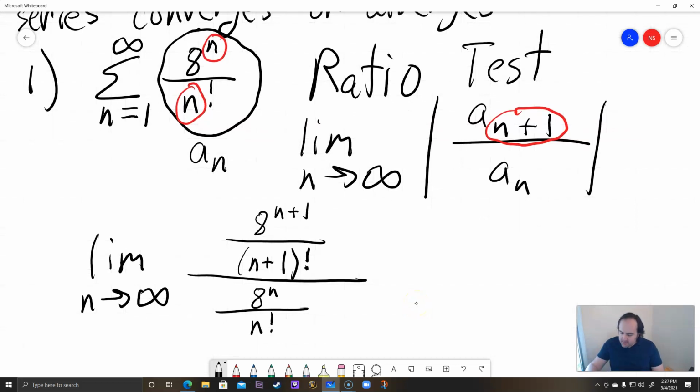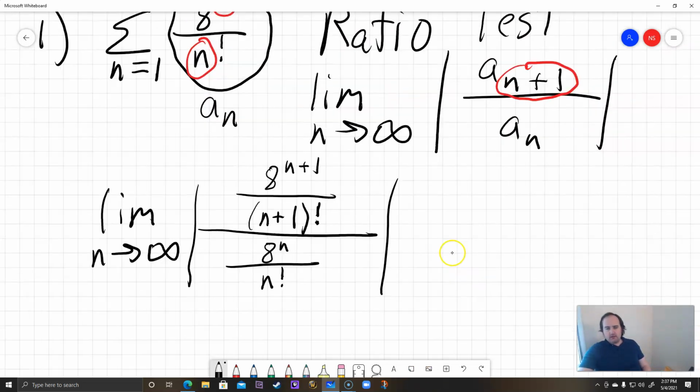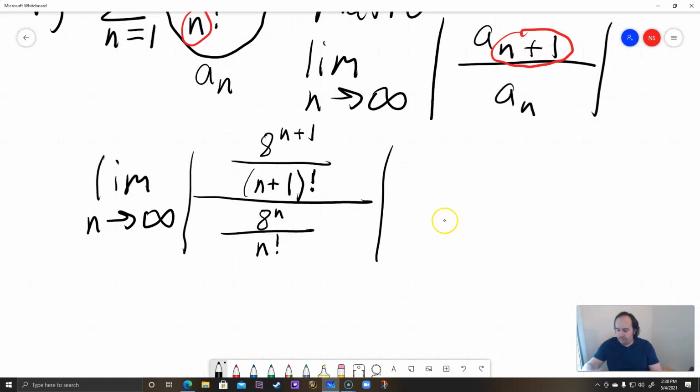And of course we have an absolute value around this. You don't usually end up needing the absolute value, but sometimes you do, so it is important to write it just as a good habit.